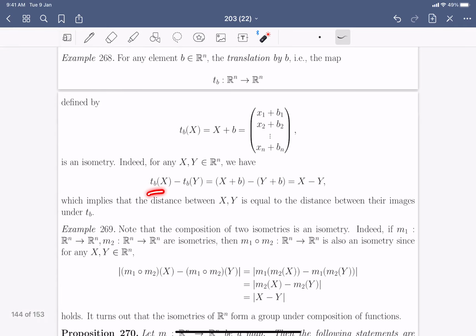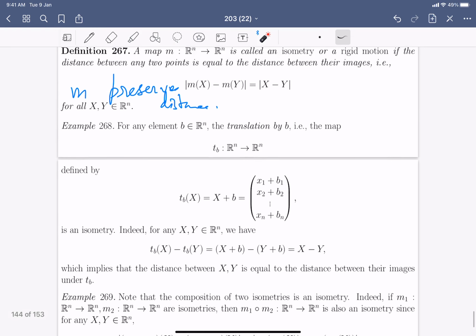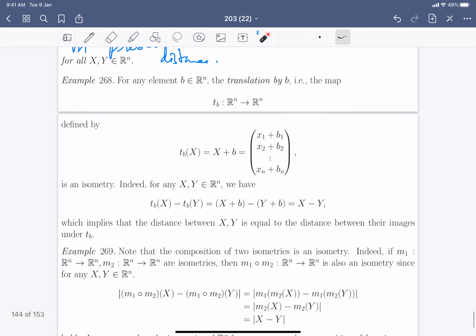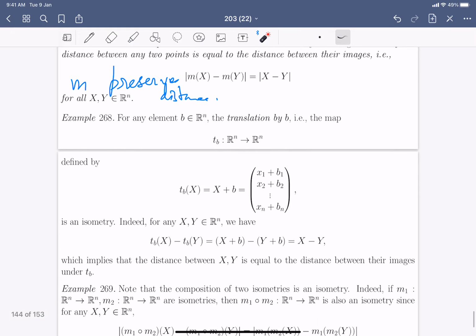Indeed, if you consider a translation map from Rn to Rn, translation by an element b, then this is an isometry, for the reason that if you look at x minus y, then one can check that x minus y coincides with the difference of the images of x and y under this translation by b map. And so it follows that the translation by b map is an isometry for any b inside Rn.